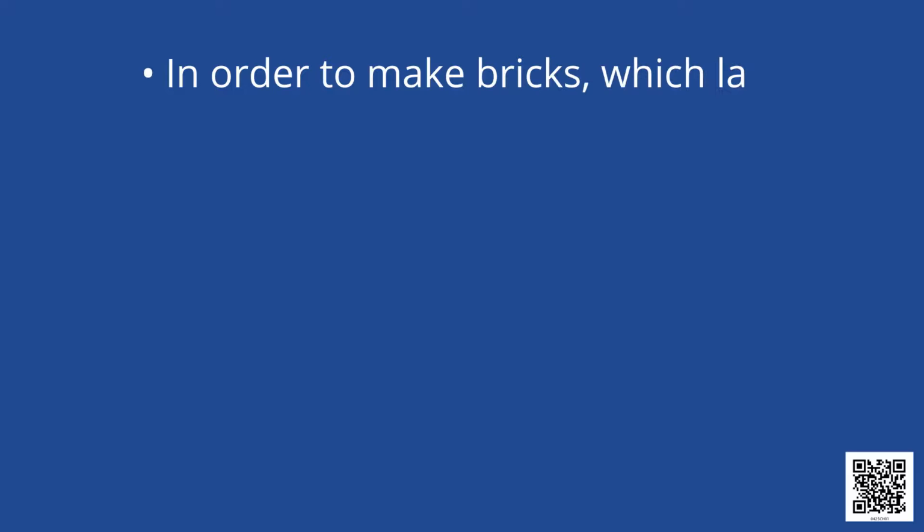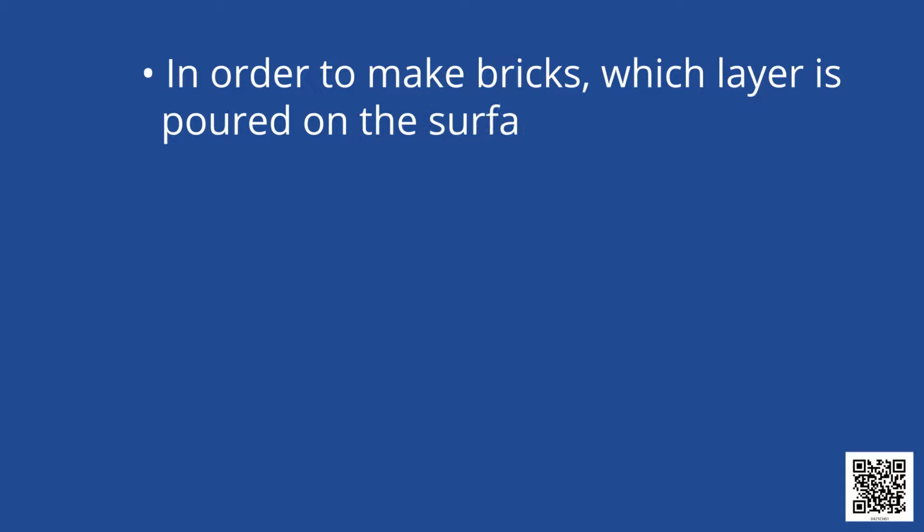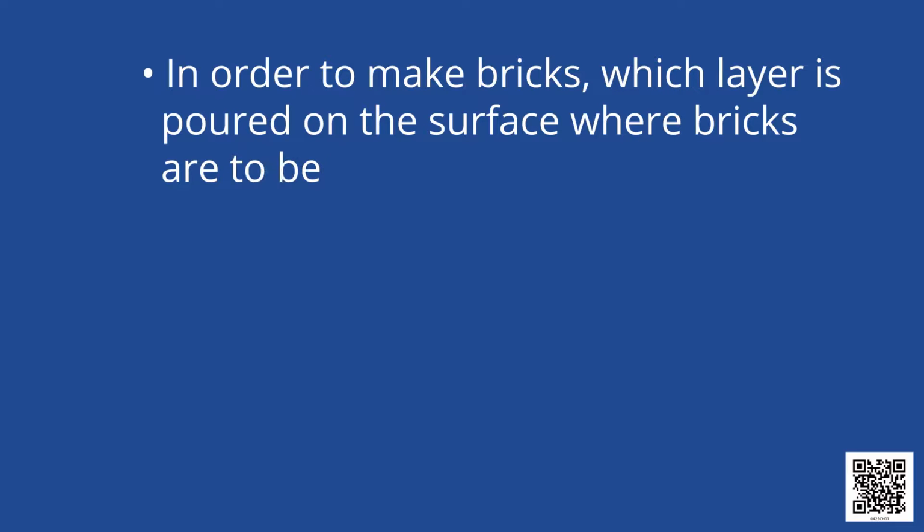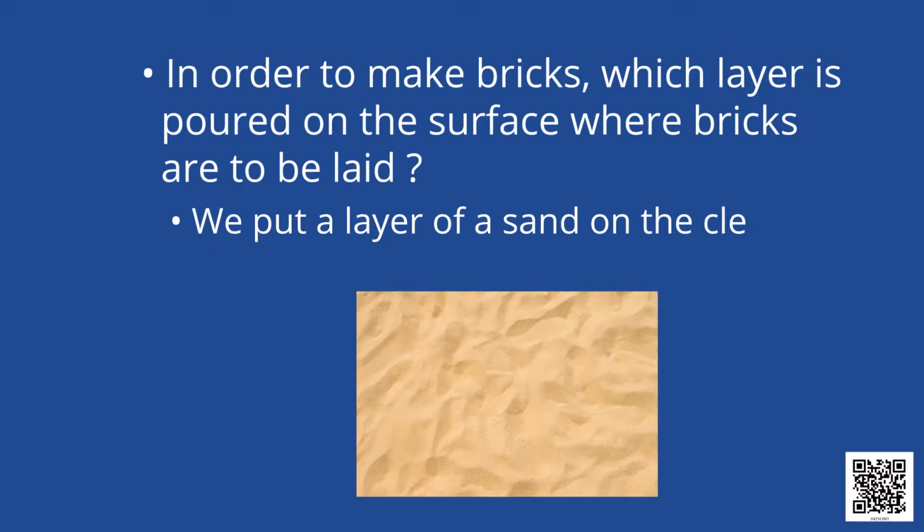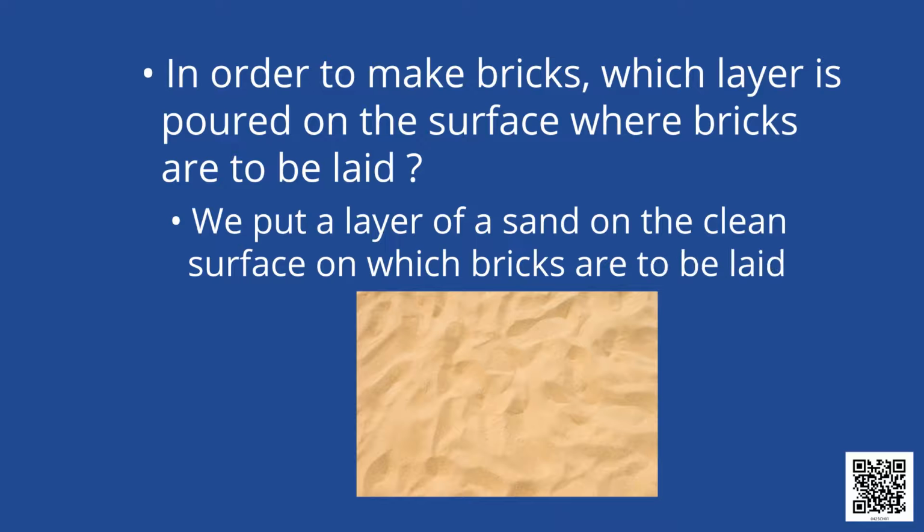Next, in order to make bricks, which layer is poured on the surface where bricks are to be laid? Yes, try and answer. We put a layer of sand on the clean surface on which bricks are to be laid or made.